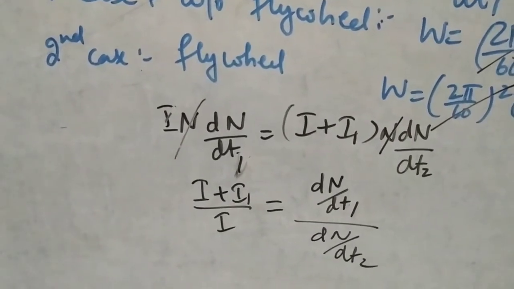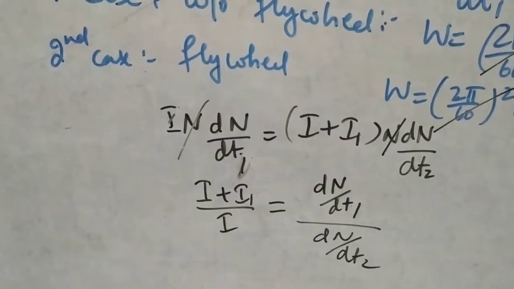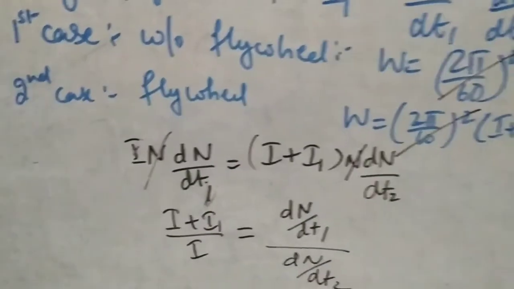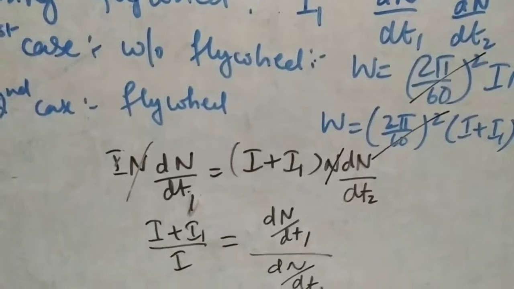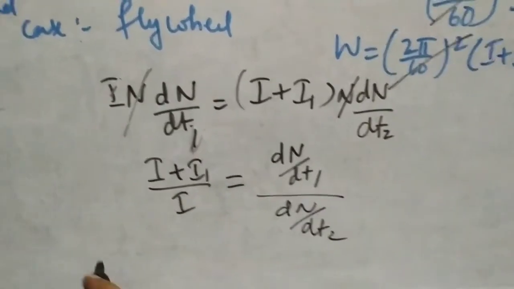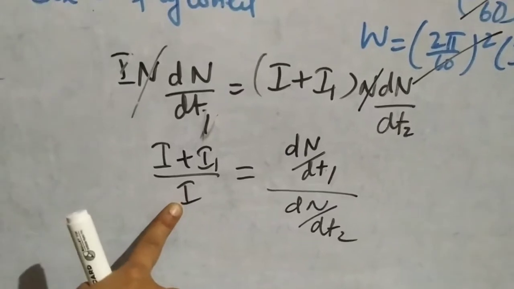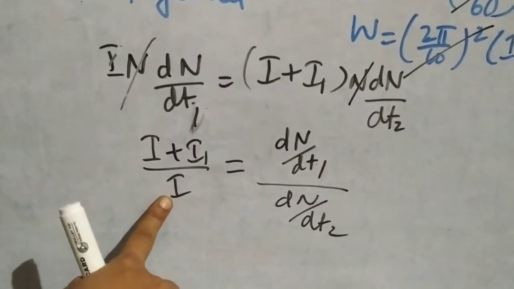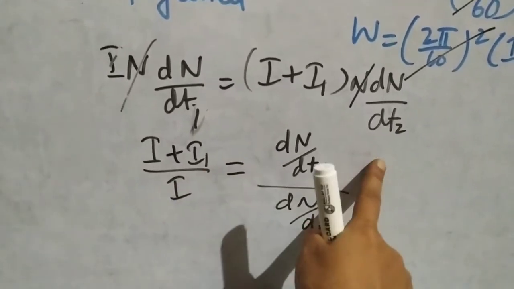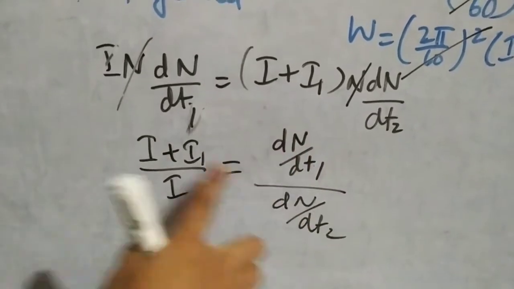So when you simplify this further, what will be the moment of inertia I? So what I am going to do, this I, I'm going to write it this side, and this entire thing will come here.